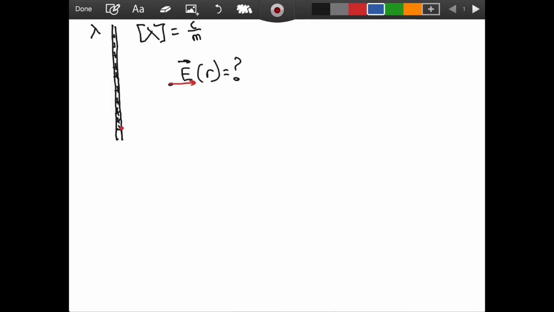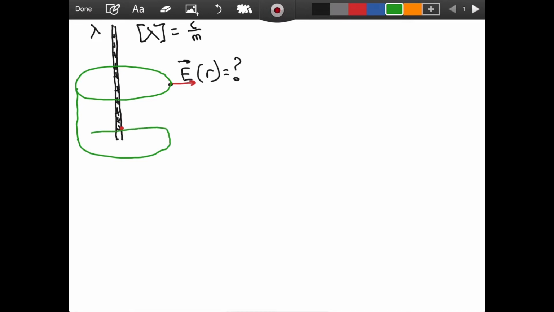Since we got this out of the way, now we can use Gauss's law. And to use Gauss's law, I will draw ourselves a cylinder like this. Actually, I want to make it in a different color, with green. So we have a cylinder like this.